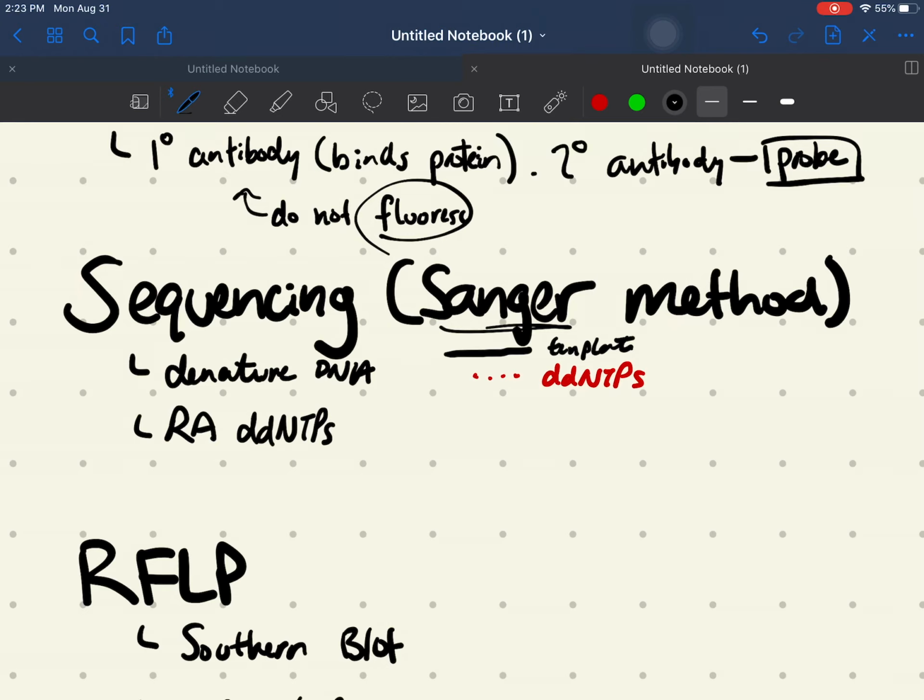And that's going to, and then we form 4 aliquots. Okay, so each aliquot is for each nucleotide.